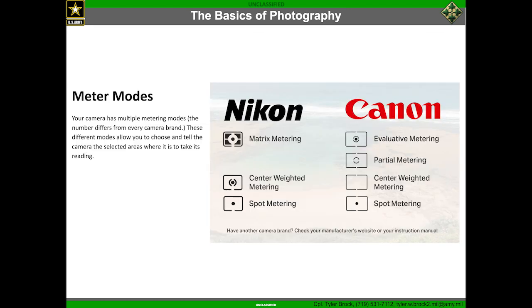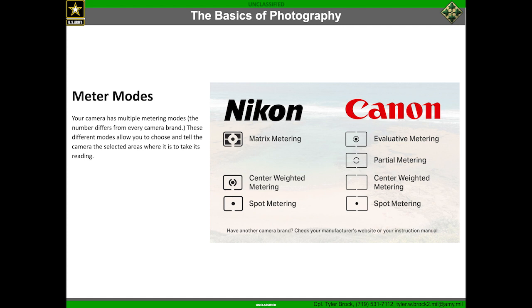Metering modes, I won't go into much detail of this, but I cannot stress it enough. Read your camera manual. Get the book out and read it. And if you can't find the book, go online, look up the PDF for it. Most manufacturer websites have it. Not only for the metering, but also just to understand how your camera works and understand where your functions are and how to access things in your camera.